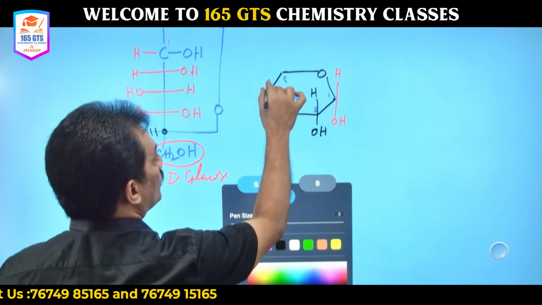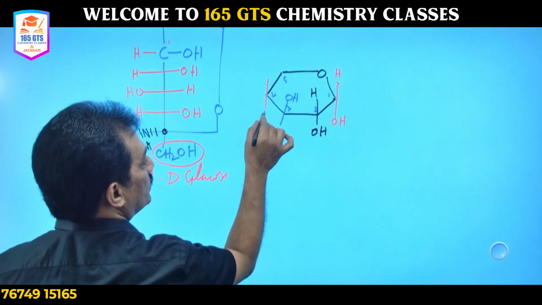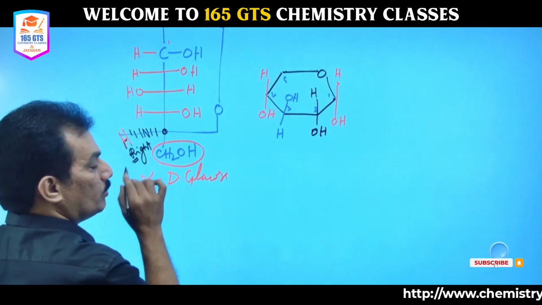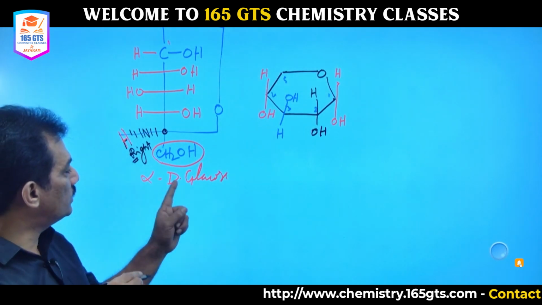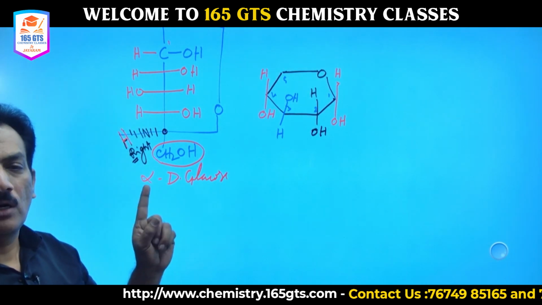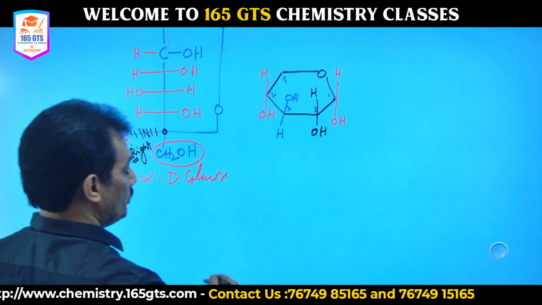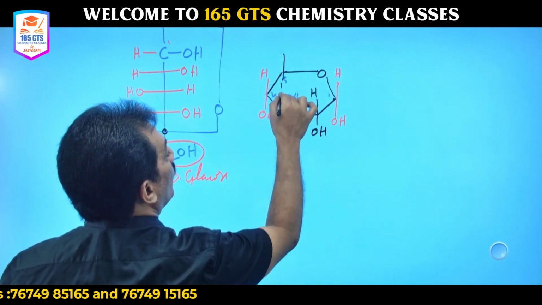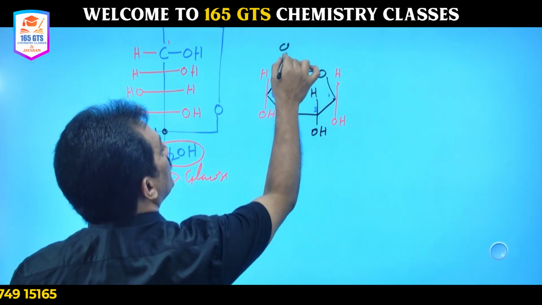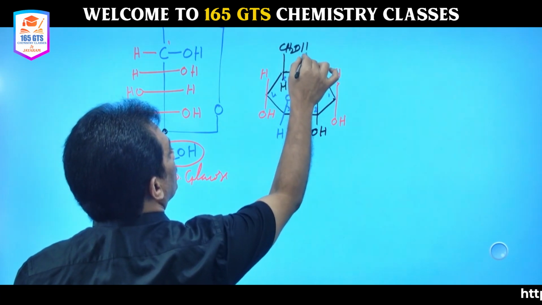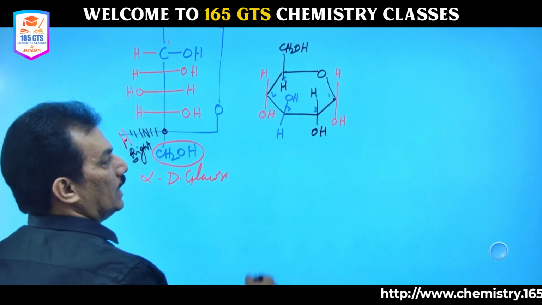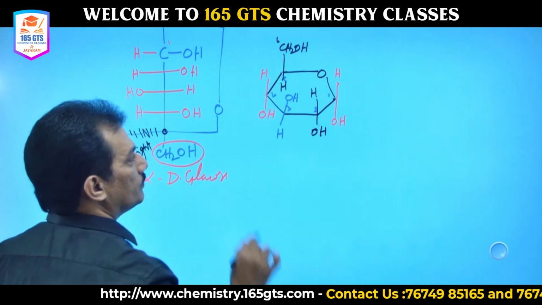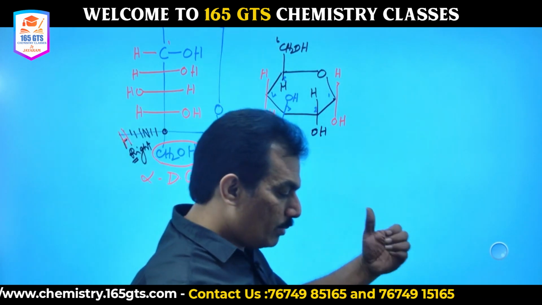And on the fourth carbon, OH is below and hydrogen is above. Now coming to this, that is the reason why I asked you to remember hydrogen is on the right side. That means it is below here. You can remember that CH2OH is like a fraction. Now 1, 2, 3, 4, 5. This is the sixth carbon. The sixth carbon is always above the ring.